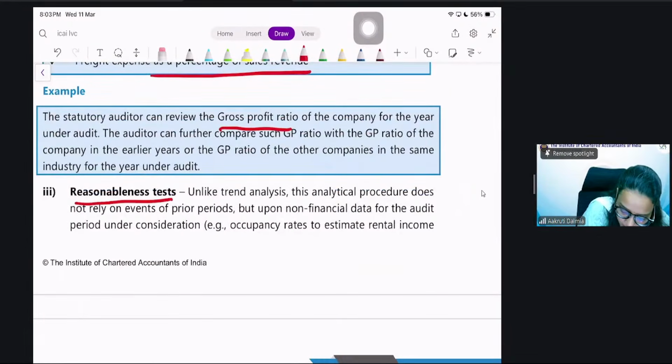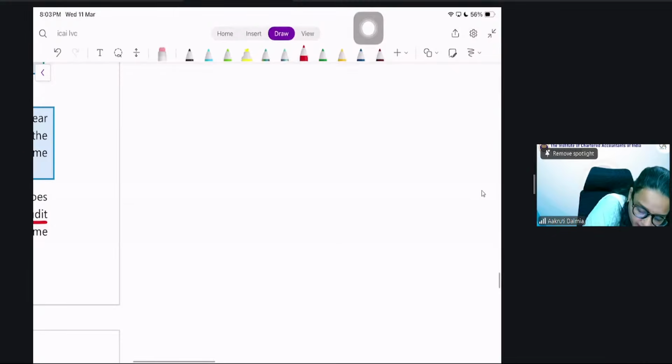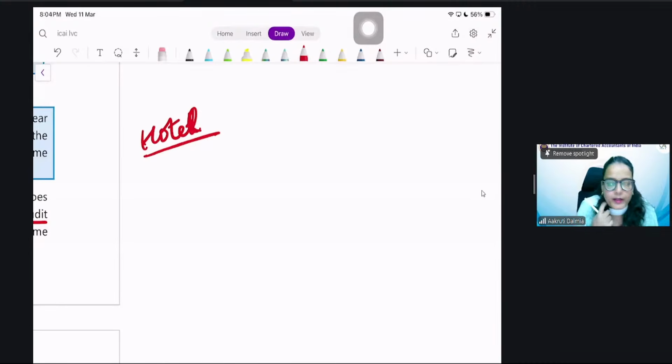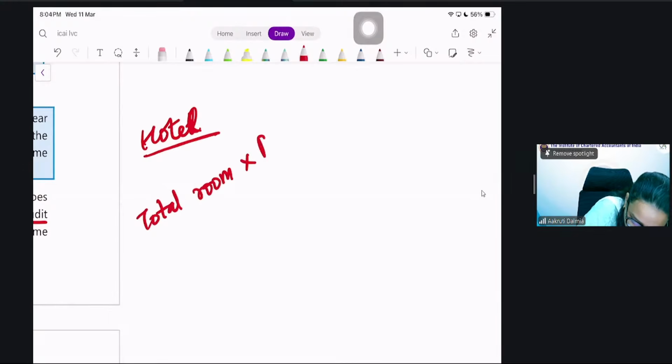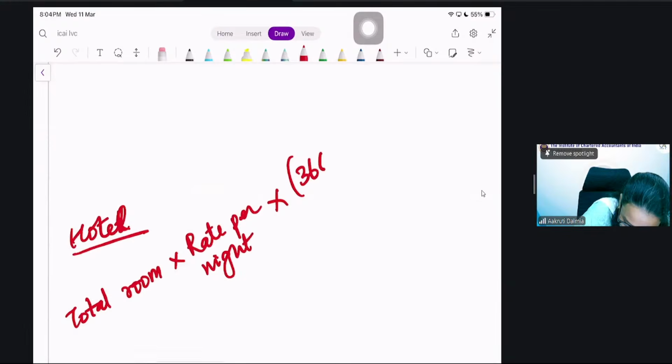Reasonableness test. This procedure does not rely on prior period, but upon non-financial data, which means, let's say that there is a hotel. Now I cannot go and see whether someone actually stayed in the hotel. But what can I do? Total rooms multiplied by rate per night multiplied by 365 into occupancy rate.